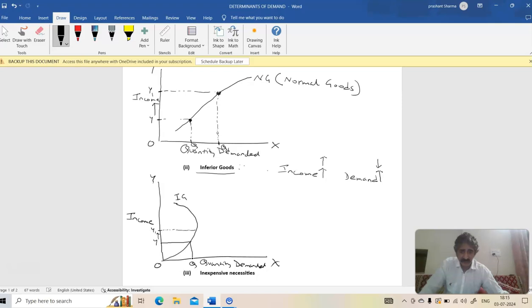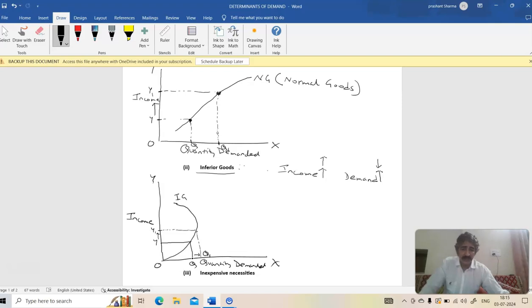The quantity bought by him of that inferior good only rises to Q1. You can see this. I've written Q1 above this line, okay, because it's not clear over there. So I hope it's clear.